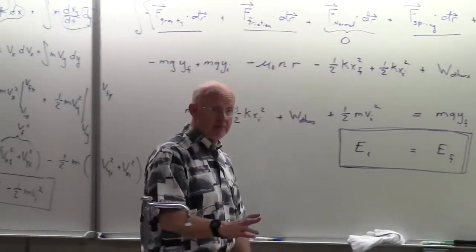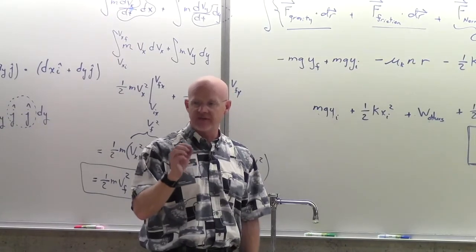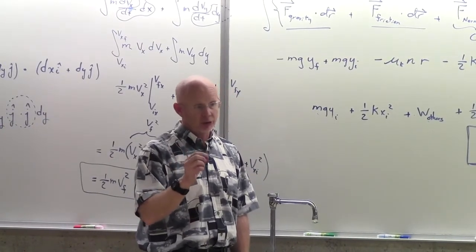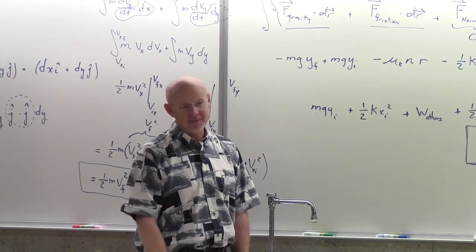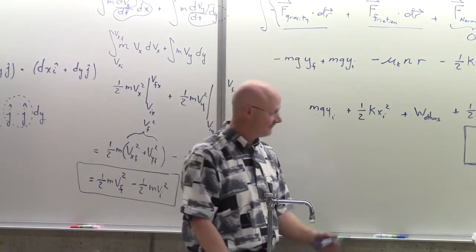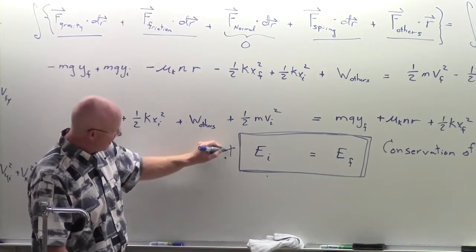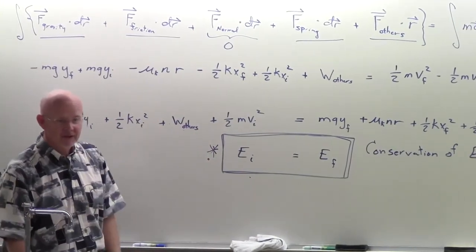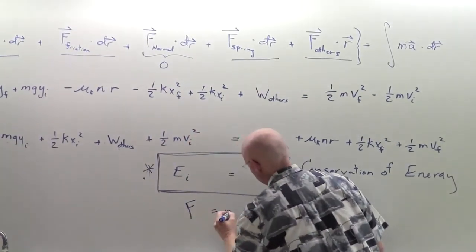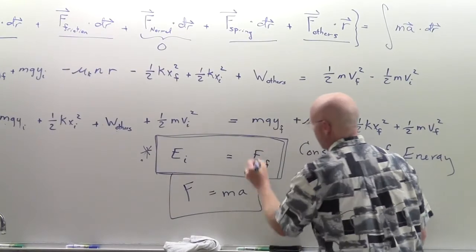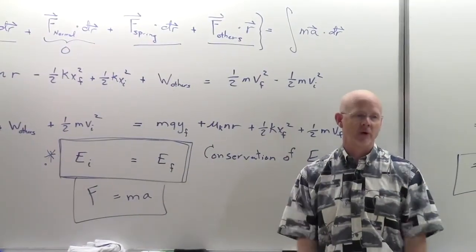And if you can keep that in mind, you will be able to answer every single question in chapters 7 and 8. And so, do you want the answers to all the homework problems in chapters 7 and 8? There it is, right there. So, there's 7 and 8. Let's not forget 5 and 6. There's 5 and 6. Together, that is the answer to every question on the test.